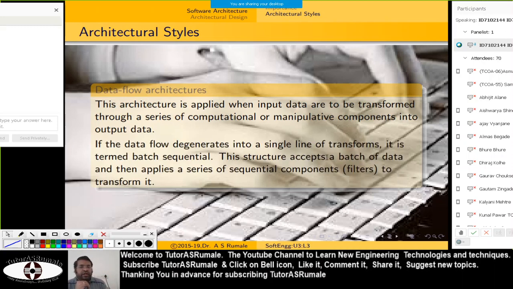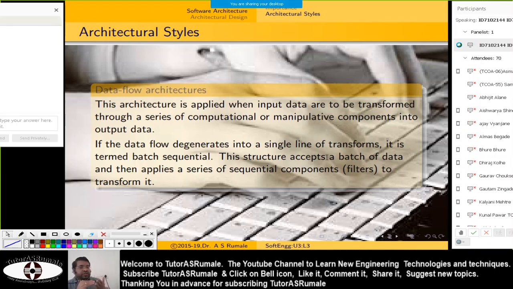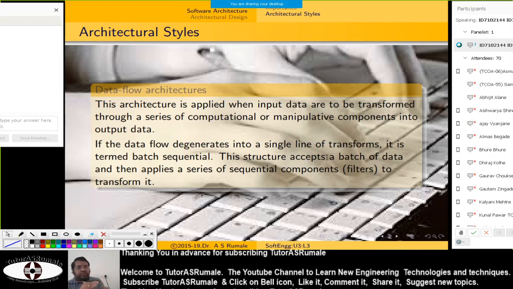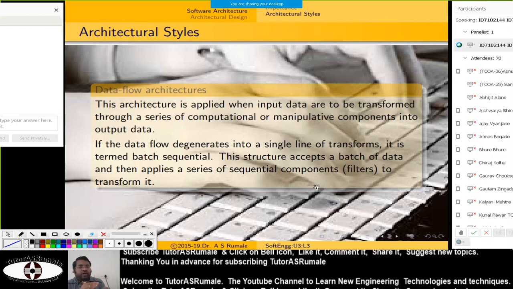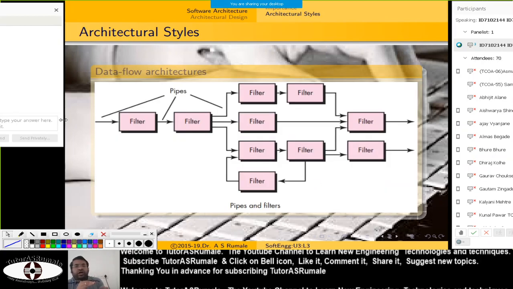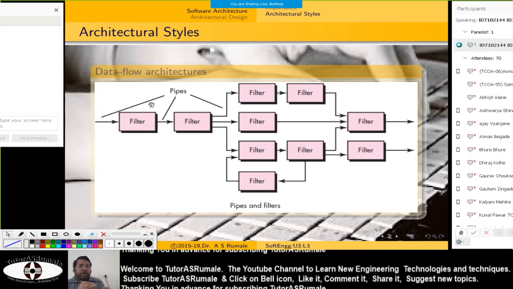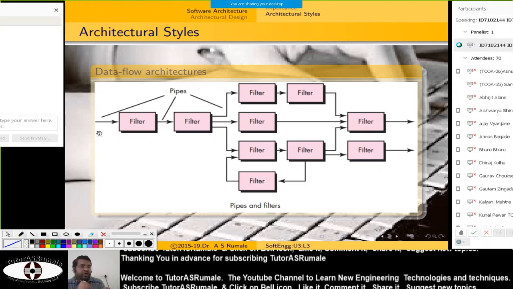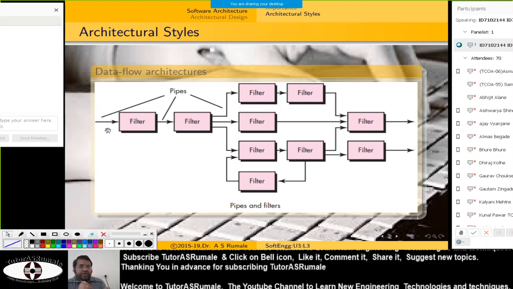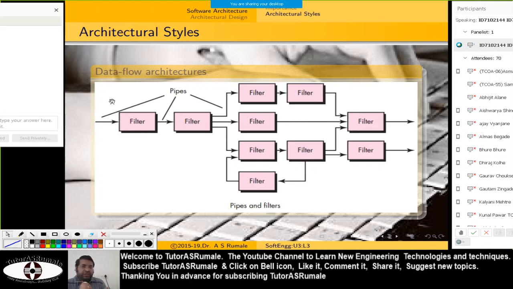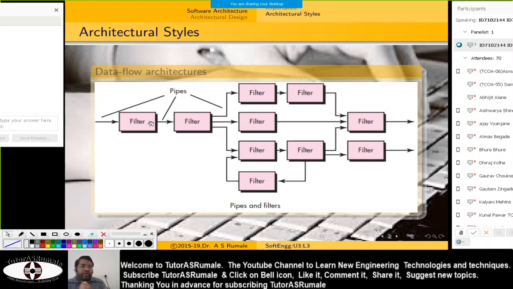Here the architecture degenerates into a single line of transforms, and you have filters. For example, if you have a heat sensor, the heat sensor information, that is, heat raised, gets filtered accordingly.